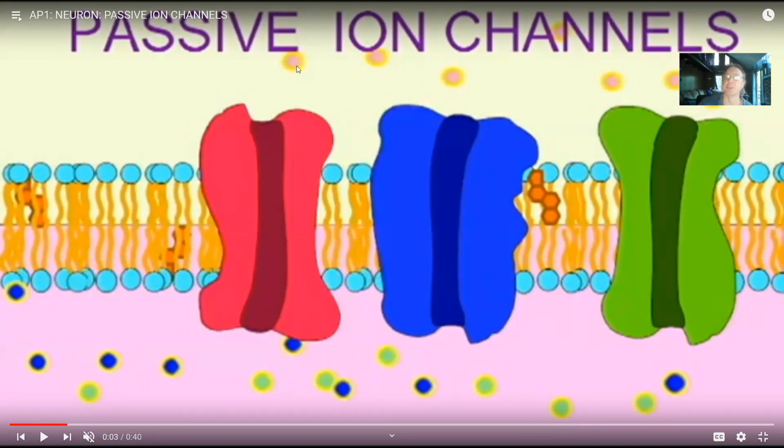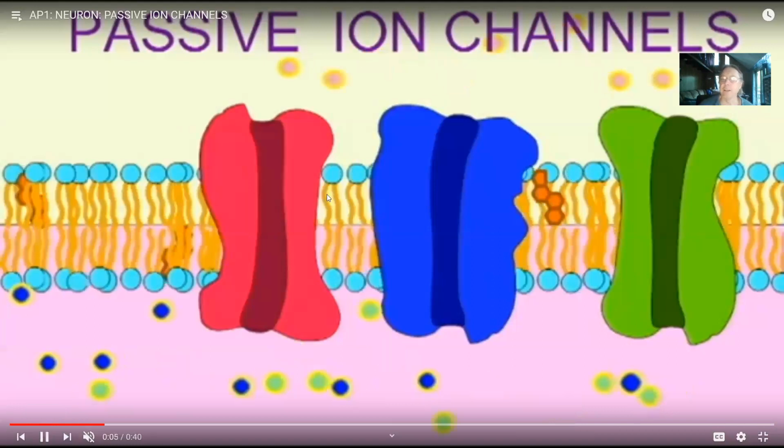So in these animations, sodium will be red, potassium will be blue, and chlorine, where it comes up, will be green. So these ions have a charge, positive for sodium and potassium, negative for chlorine, and charged molecules cannot pass through these nonpolar membranes.